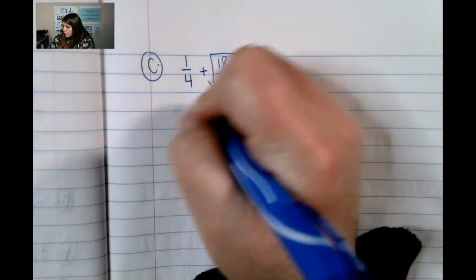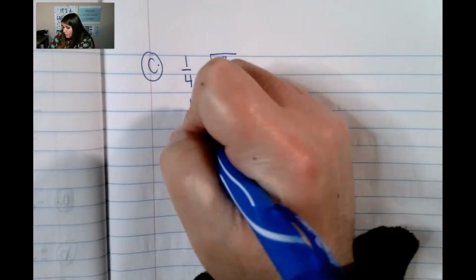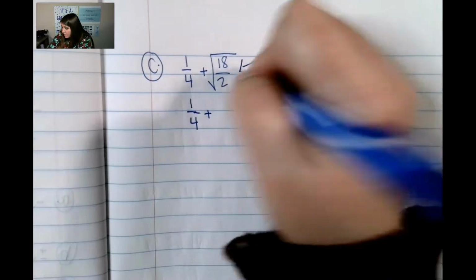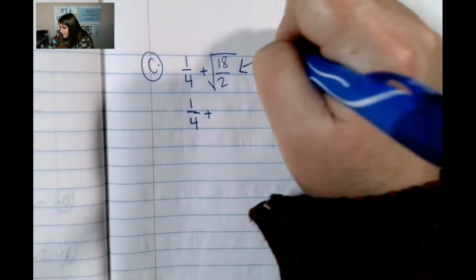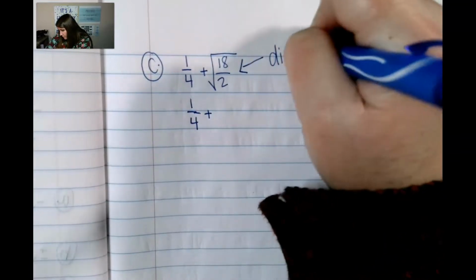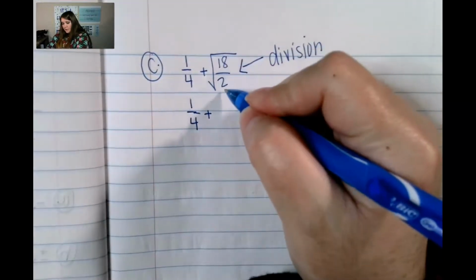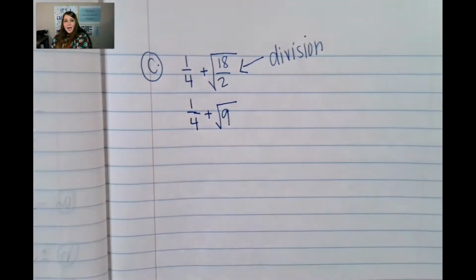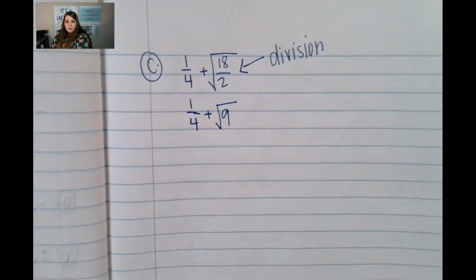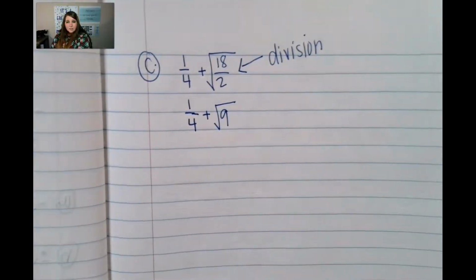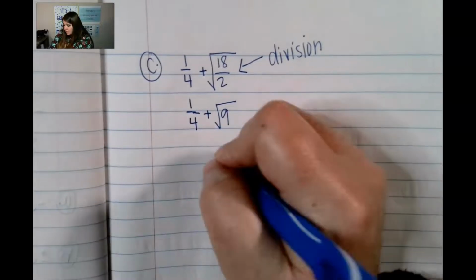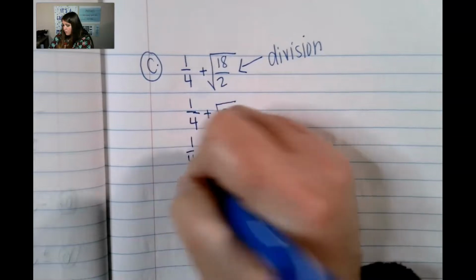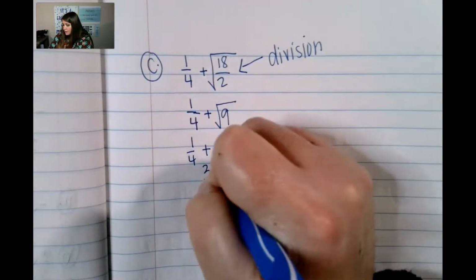So this is really saying 1 over 4 plus the square root of 9. So the square root of 9 is 3. And 3 plus 1/4 is just 3 1/4.